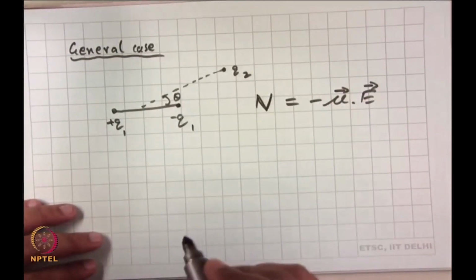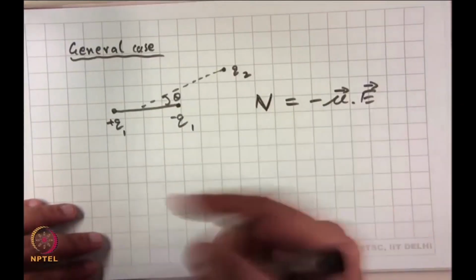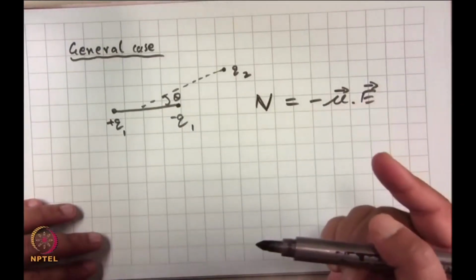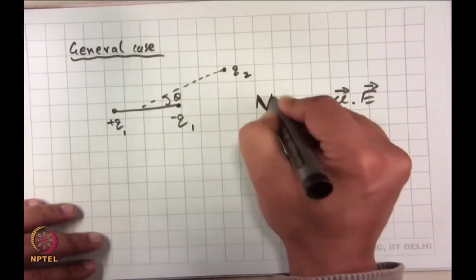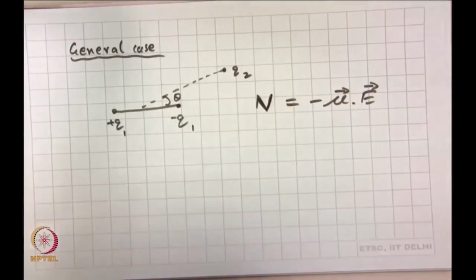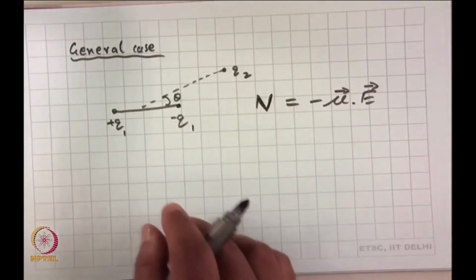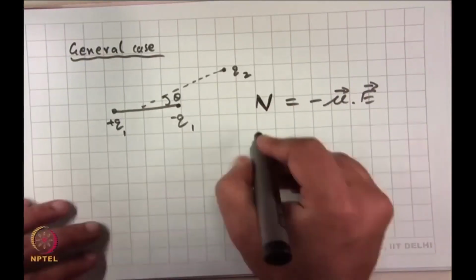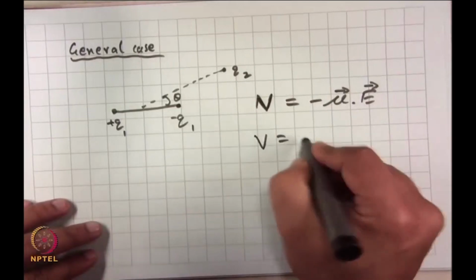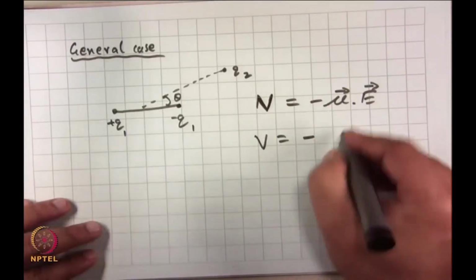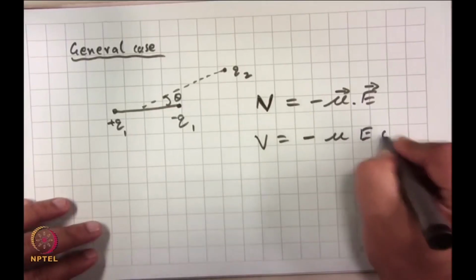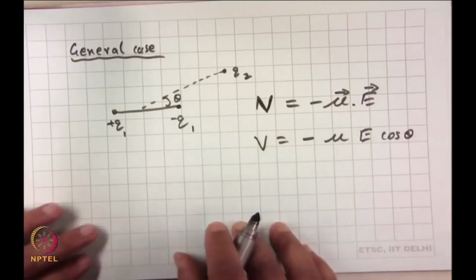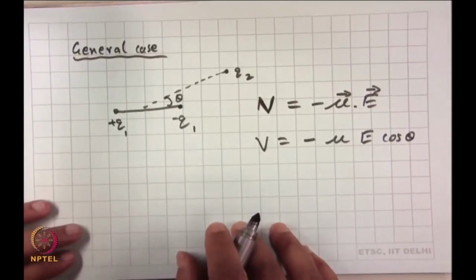If you look at your books, you would see these are in bold letters, because these are vector quantities, not scalar quantities. Now if it is a dot product, then I can write V to be equal to minus mu E cosine of theta. So you have the angular dependence coming in now.